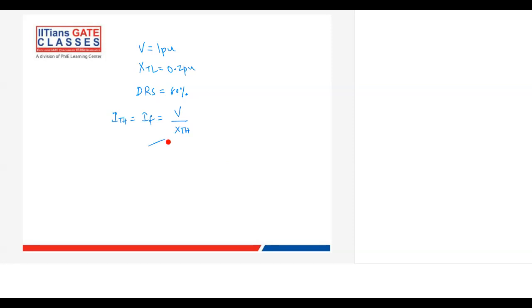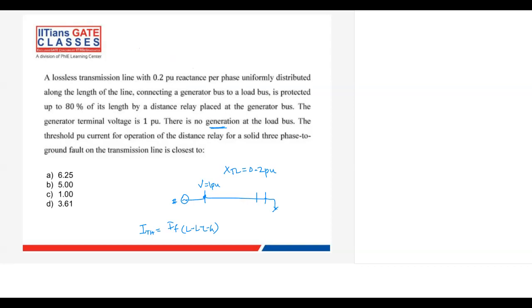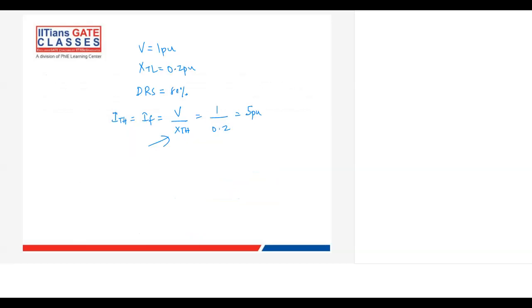So the question is, what is X threshold? If we don't pay attention to the question and we directly use the value of the transmission line, you will get the answer as 5 per unit. And if you check the options, there is an option with 5 per unit, but the answer is wrong because they have clearly said that the distance relay setting is 80%.